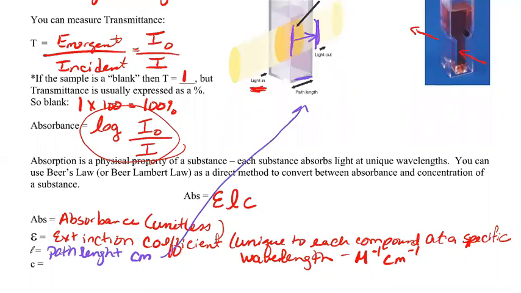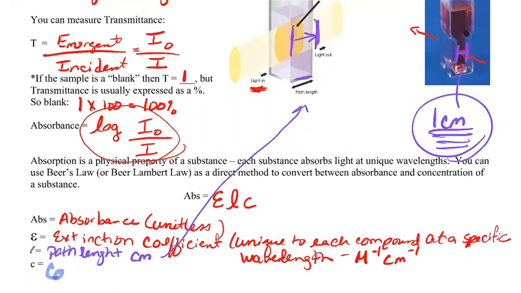That's the length that the light went through the substance. And so for us, you're actually only going to be looking at this path length, so it is a little bit shorter. Our path length is 1 centimeter. So you need to write that down, because that is the path length for the cuvettes that we use in the lab.